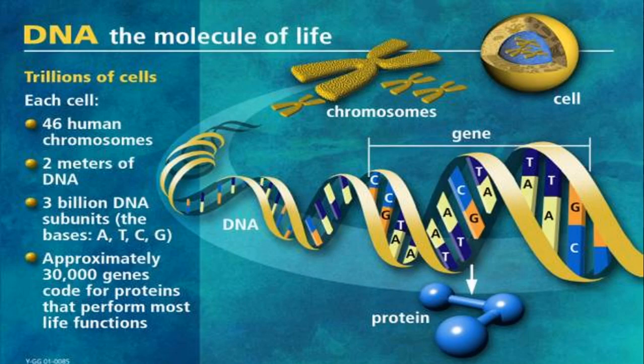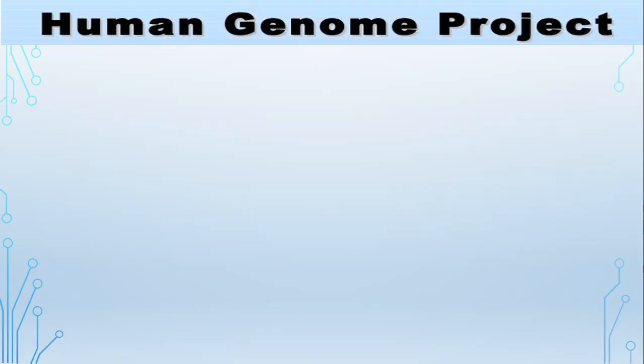Now, let us go to the Human Genome Project. What is the Human Genome Project? This was a project which was launched by the US Department of Energy and National Institute of Health in the year 1990. It took 13 years to complete the project, that is 2003.